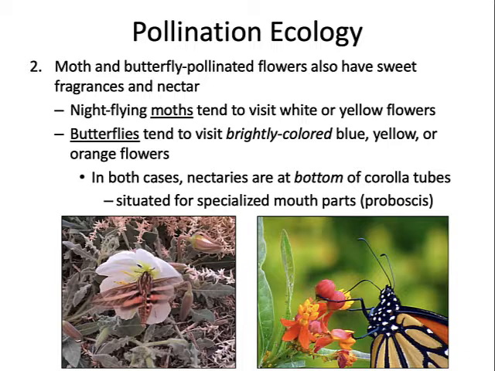So therefore, the flowers tend to be white or yellow to have that contrast against the darkening skies. Butterflies tend to go to brightly colored flowers, such as blues or yellows or oranges, but either way, the nectaries are found at the bottom of a corolla tube that is situated for their specialized tubular mouthpart called a proboscis.